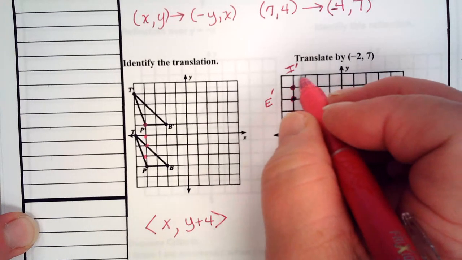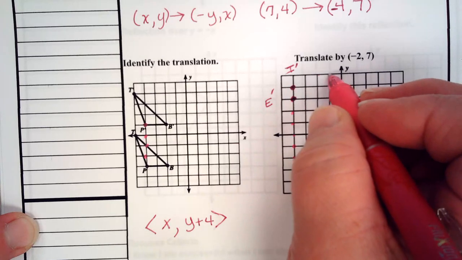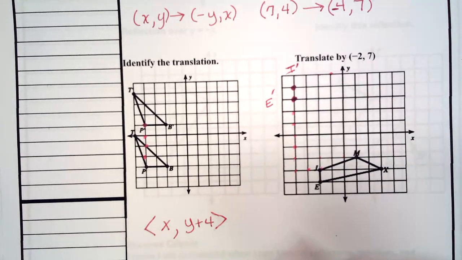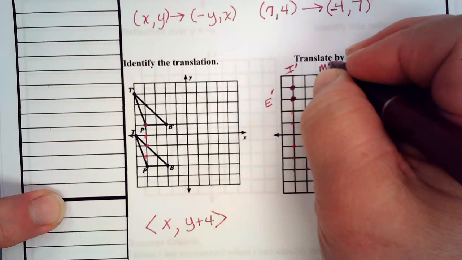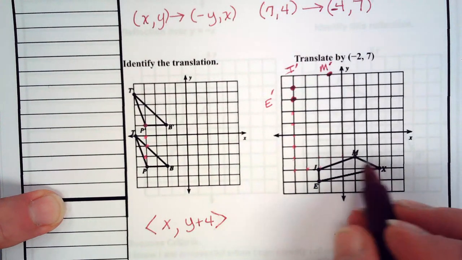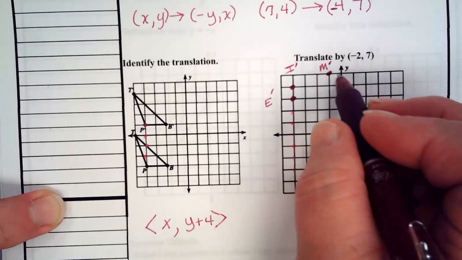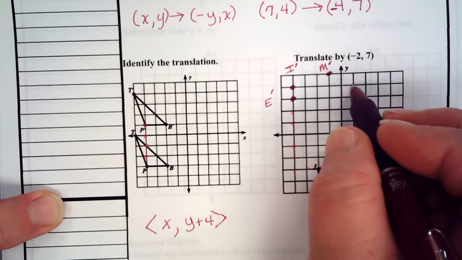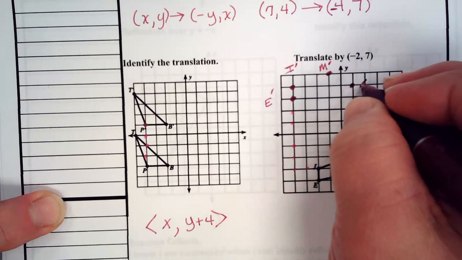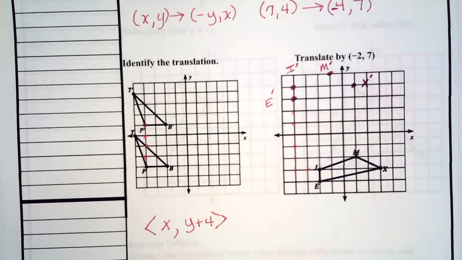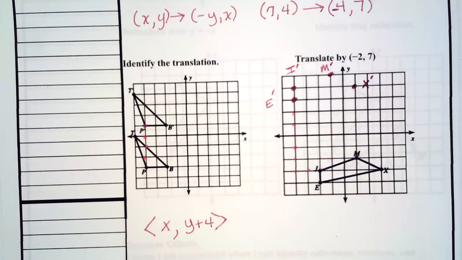So I'm going to go up 1, 1, 2, 3. This will be M prime. And then I go over 2 and down 1, over 1, 2, down 1, and this is X prime. I'm ready to connect my dots.